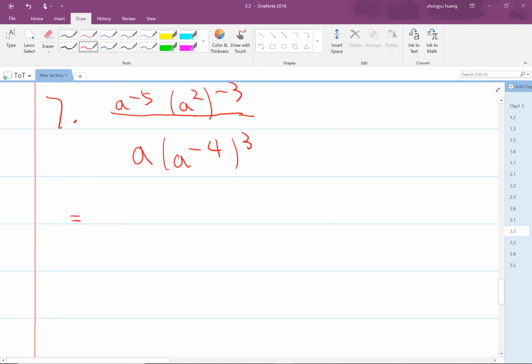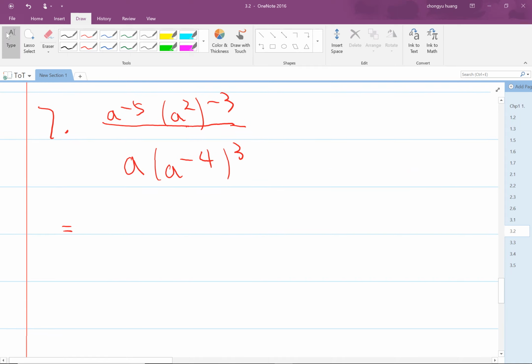Okay, so as you can see here in this question, we have to simplify a little bit, right? So we got a to the power -5, and then multiply a to the power 2, and then multiply -3, right?